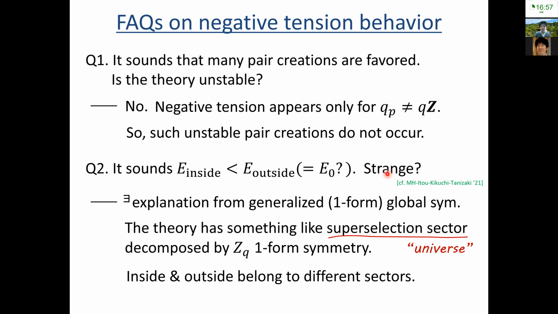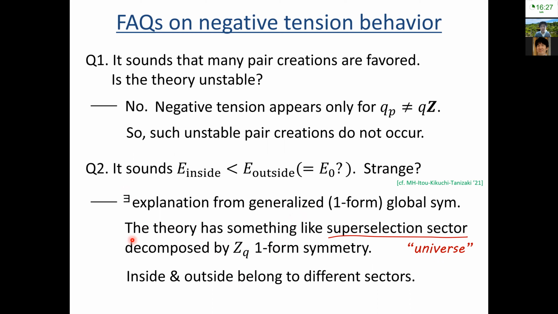It sounds strange. And there is an explanation from the viewpoint of symmetry, although I don't have time to explain in detail. It is known that the theory has a kind of generalization of symmetry called one-form global symmetry, and we have a ZQ one-form symmetry in this theory.